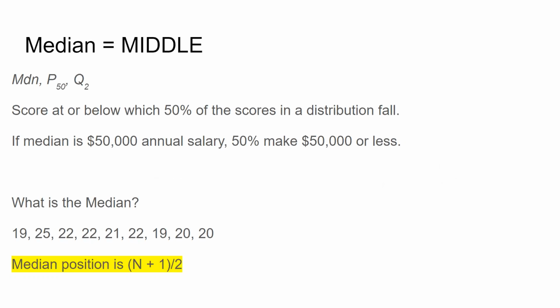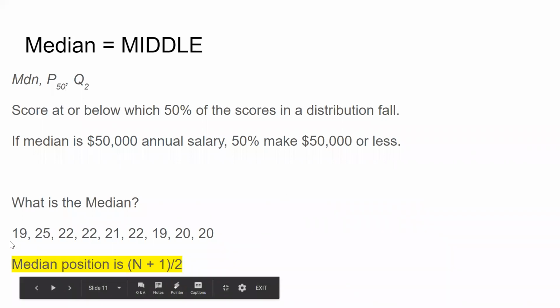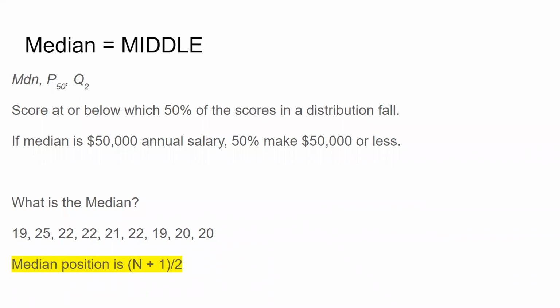Let's talk about median. Median has to do with the middle score. So it's really very easy. You would put all these numbers together and literally find the middle number. Now, with salary, let's say the median is $50,000.